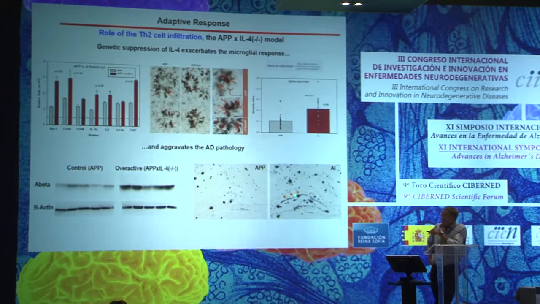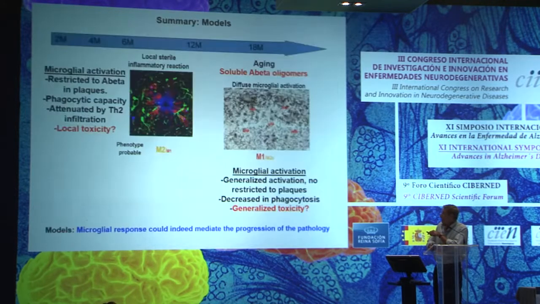We also observed an increase in the extracellular A-beta deposition, and we also observed an increase in tau phosphorylation and in neurodegeneration. Therefore, as a conclusion of this part, the macroglial response is very clear in models.